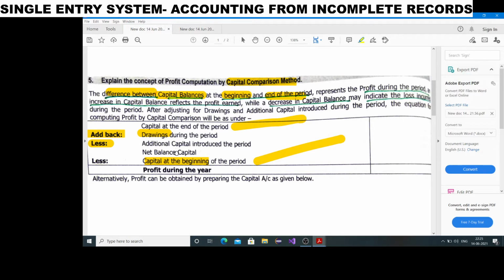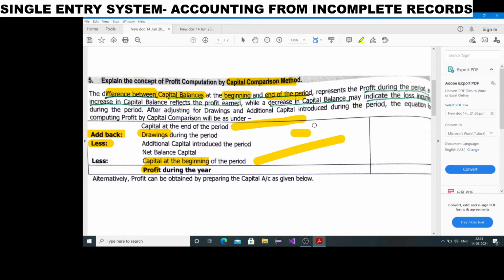Then you come to the net balance, and by this you find the capital at the beginning of the period. All right, one second, I'll repeat this again. After adding back drawings to closing capital and reducing the additional capital, we find capital at the beginning of the period. And to find profit, we subtract.